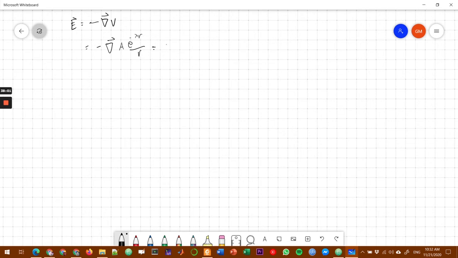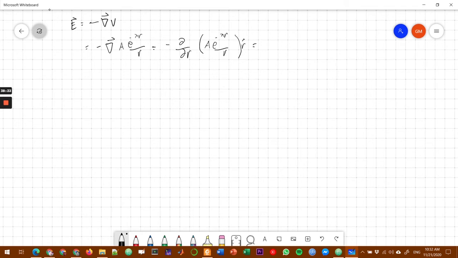So that is equal to, the derivative with respect to r, because r is the only variable here, the rest don't matter, since your gradient is in 3 dimensions. Right? We have r, theta, phi. This would be A e to the negative lambda r over r. Then r hat is your direction, because the potential is a scalar quantity, but the whole thing is a vector because we are looking for the electric field.